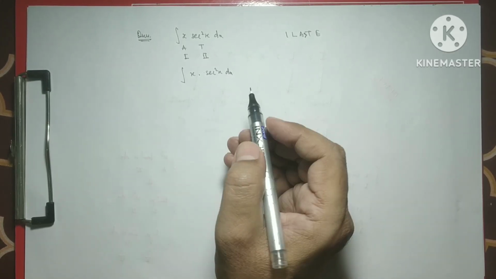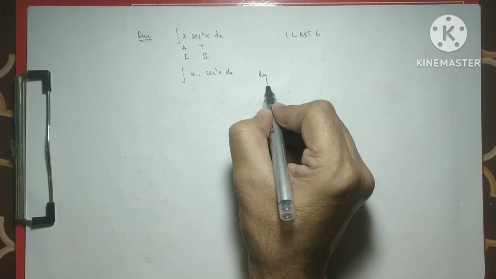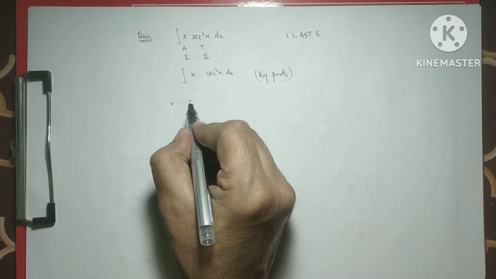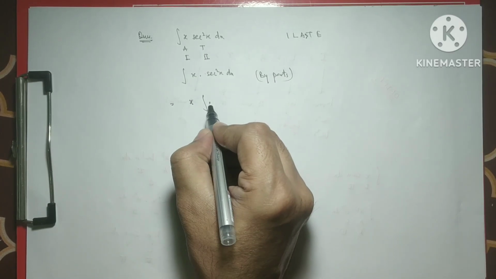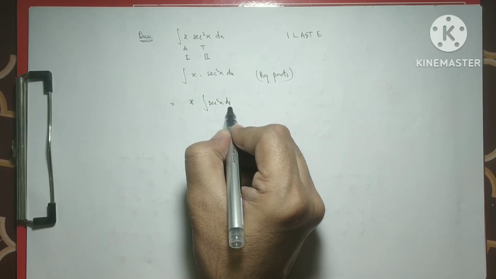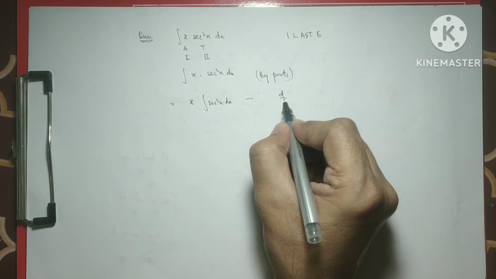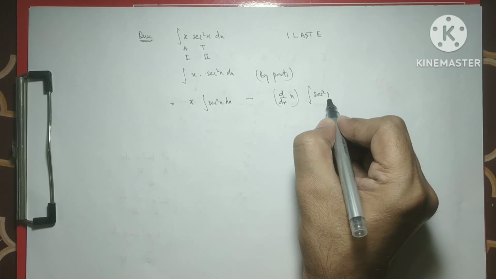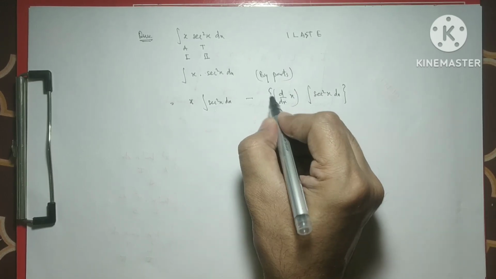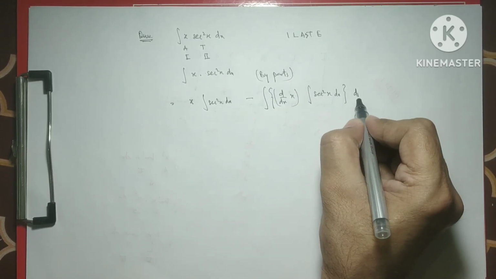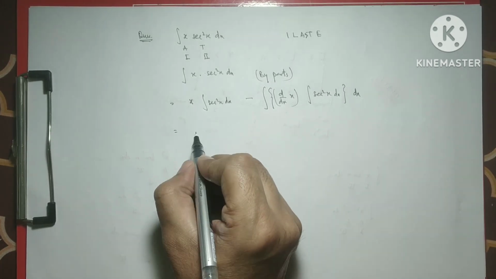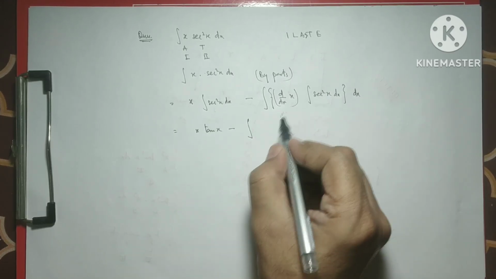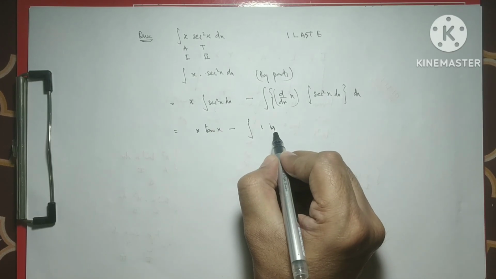Now when we apply by parts, according to this by parts rule, first function as it is, we integrate the second function, minus differentiation of the first function and integration of the second function, and this product will be integrated again. So it is x, this is tan x, minus it is 1 and this is tan x.